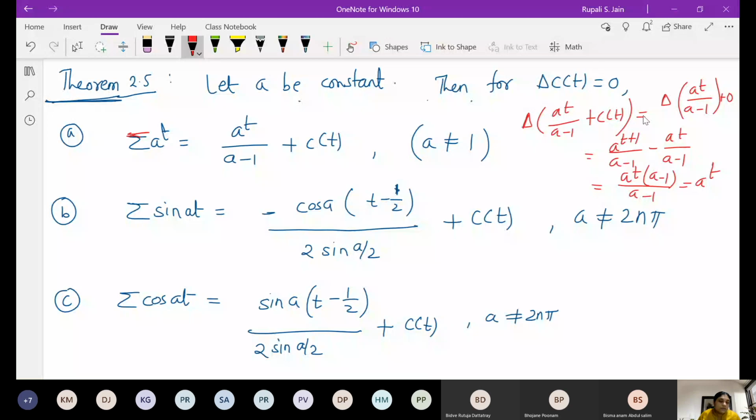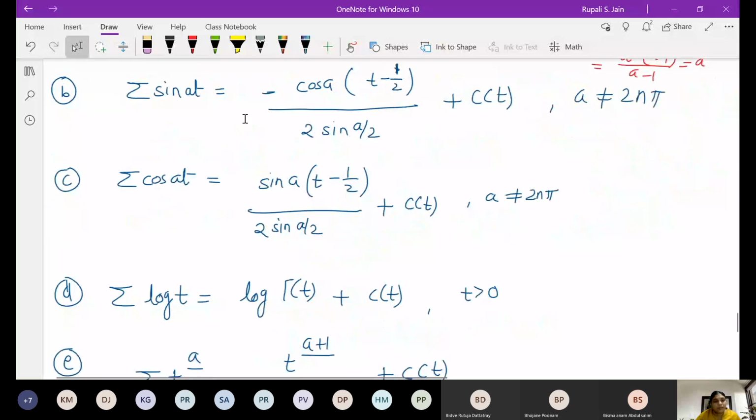If I operate delta on both sides, delta operated on summation a raised to t is nothing but a raised to t. And delta operated on this side again gives a raised to t. So LHS is equal to RHS. Is that okay?